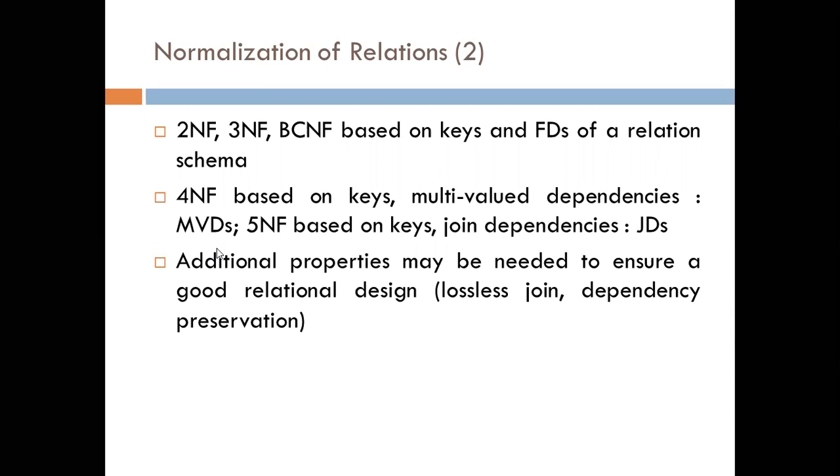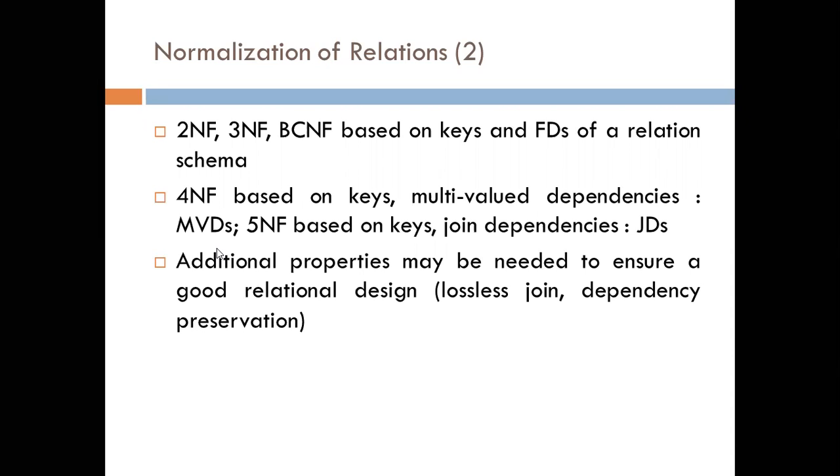If it fails any test, then we have to conduct a procedure in order to bring it to the level we want. If it fails the second normal form test, then what to do? That we will study when we study the different levels of normal forms. So we will bring our relation back to the respective normal form, and once we bring it back, we will again apply the higher level of tests.